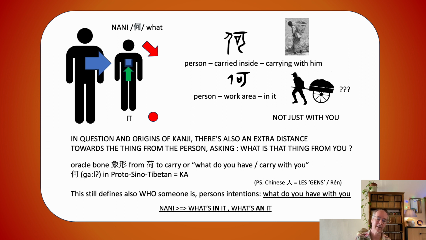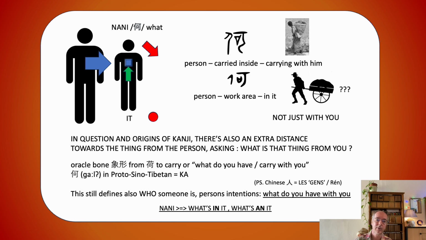What is it? And the original kanji, as you can see there, is a person which is a little bit bended over, and it takes something with him, a little bit like this photograph that I have here.